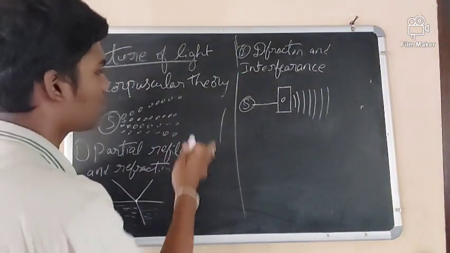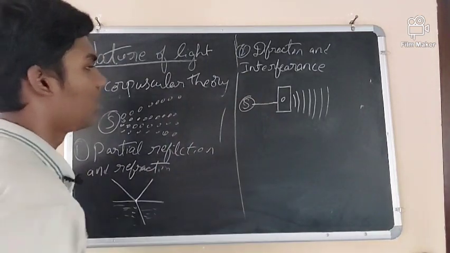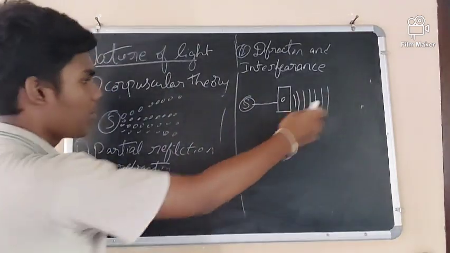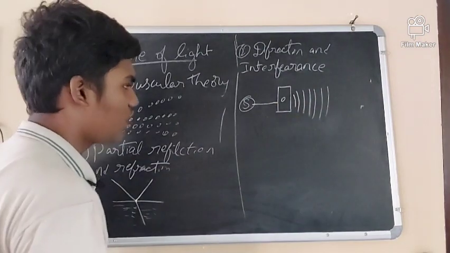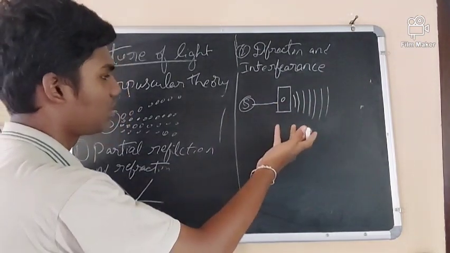When the light passes through a small hole, it expands. It does not go in a straight line. He does not explain why the light expands.